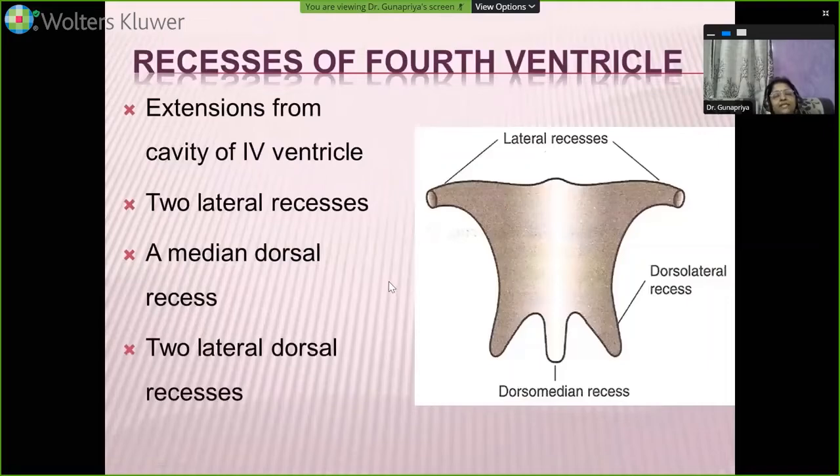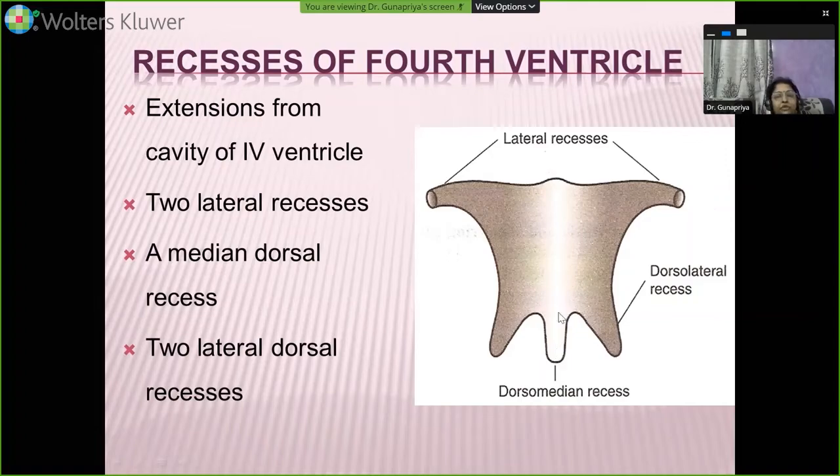Recesses. What I told you as recesses are nothing but extensions, cavity extensions in all possible directions. So these are extensions from the cavity. If this is the main cavity, you have so many extensions. You have 5 extensions totally, 2 lateral recesses, a median dorsal recess and 2 lateral dorsal recesses. This is different from the foramen of Magendie and foramen of Luschka.